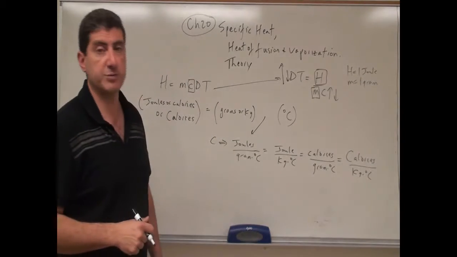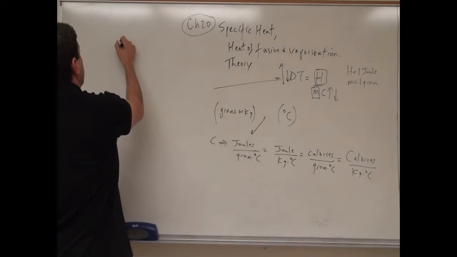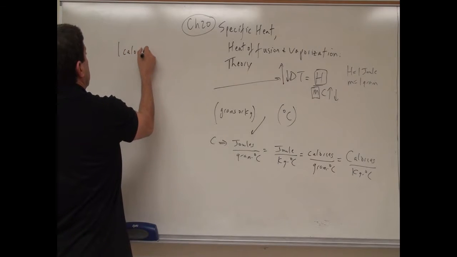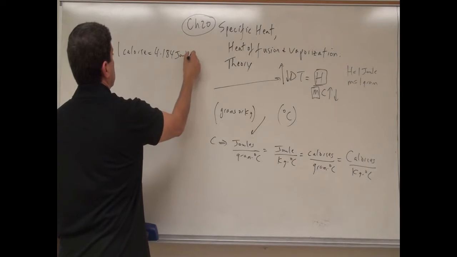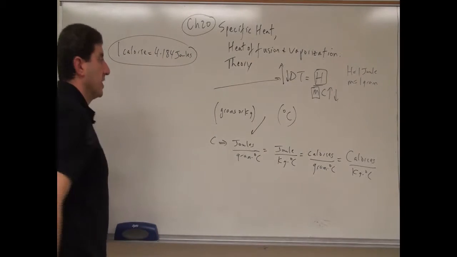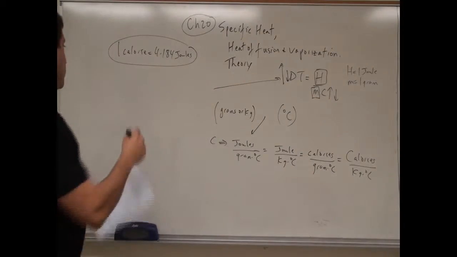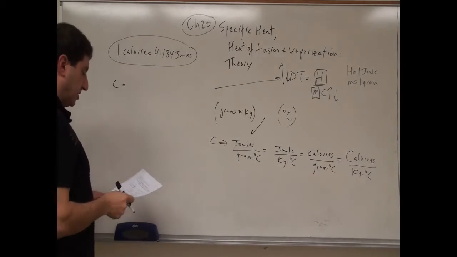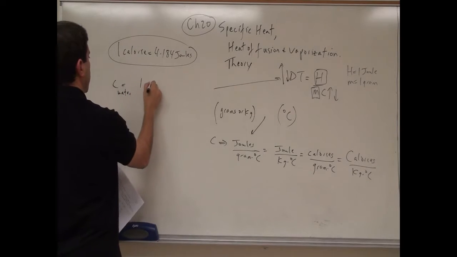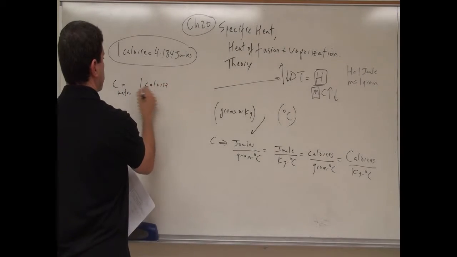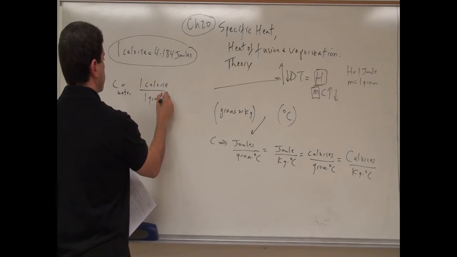So now let's give the specific heats of some materials. Other thing we could give is the conversion between 1 calorie and a joule, 4.184 joules. Okay, so that's the conversion. So let's see the specific heat of some substances, right? So specific heat of water is going to end up becoming 1 calorie per 1 gram Celsius.